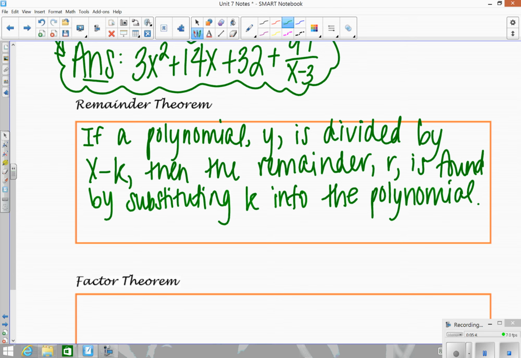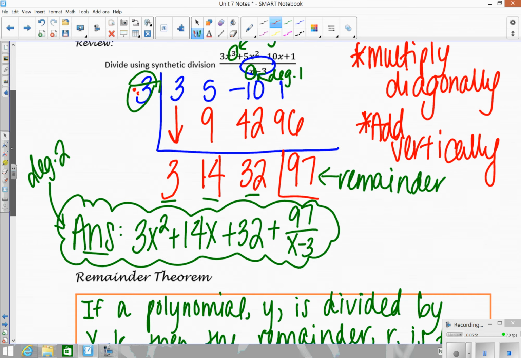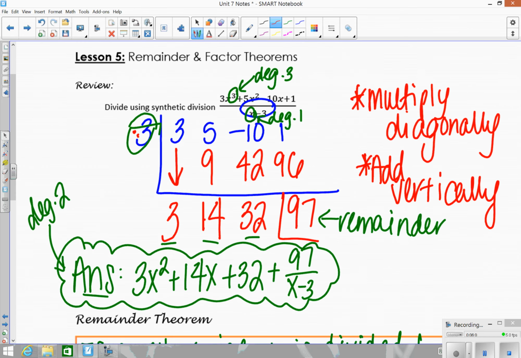That's what this theorem is saying. So notice that k is what I substitute in, and it's saying that if it's divided by x minus k, you're always going to plug in the opposite sign for whatever k is. Just like this example up here, I could have plugged in 3, and you would have gotten 97.